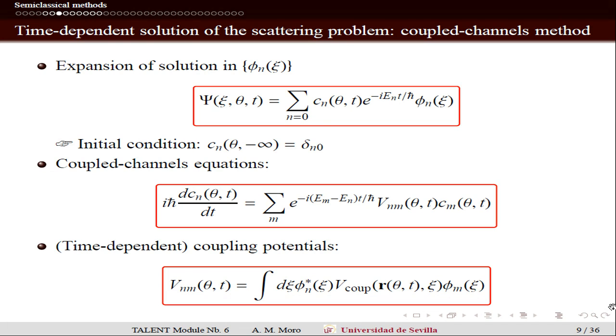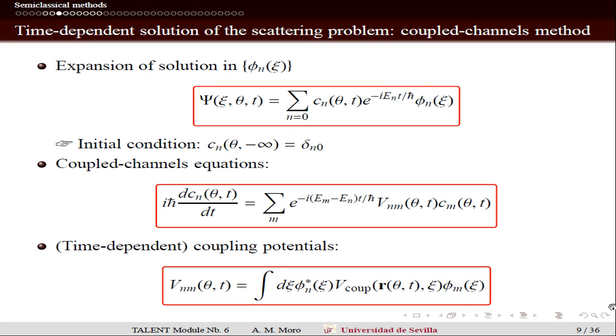So far, we have not specified any model, but we could use the same models that we discussed on Friday and Monday. The cluster model, the collective model, any of the models that we have used can be used to describe these internal states.